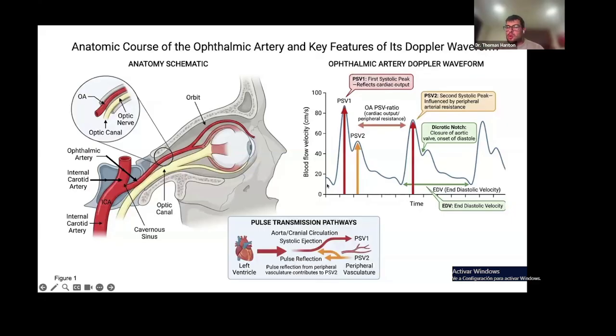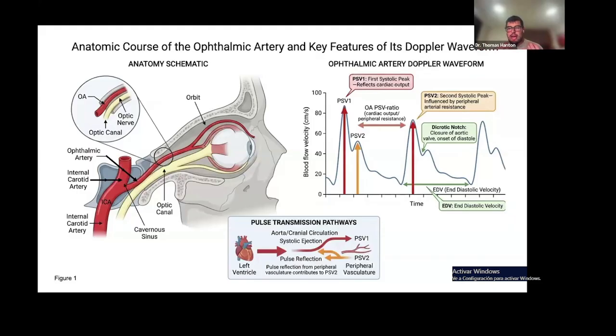That first peak is caused following cardiac contraction and ejection of blood into the cerebral circulation. The second peak, which you can see in orange here, is a result of peripheral vascular resistance. So when the heart contracts, it causes a rebound effect off the peripheries.